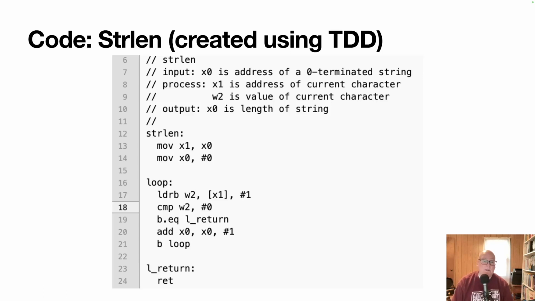You see the loop, and at the bottom, the branch to loop. Really, the loop is just walking byte by byte. If it's 0, it returns with whatever the current count is. Otherwise, it increments the count and goes back around. So not a very hard method. There might be a better way to write it, but it gives us a string length, which is handy.